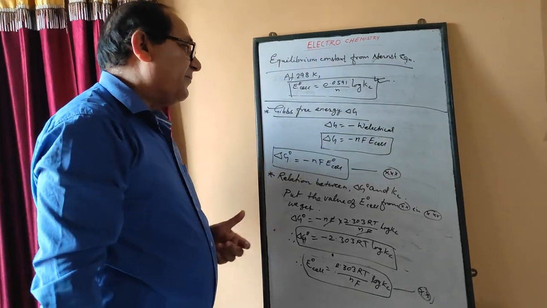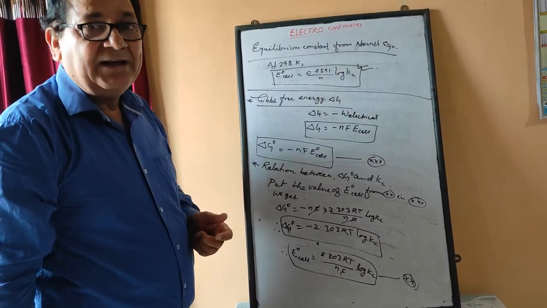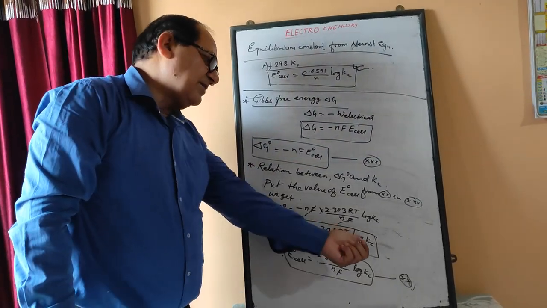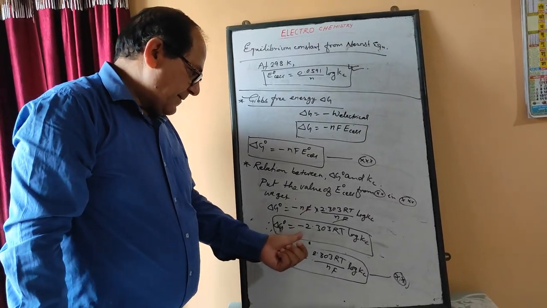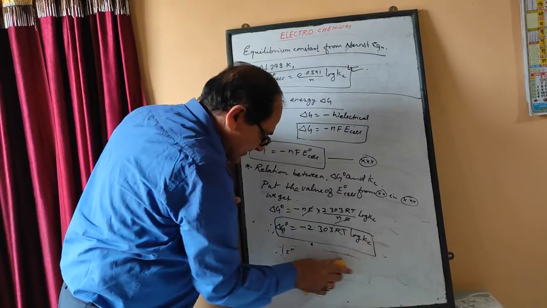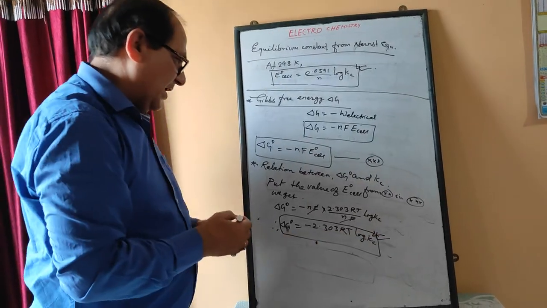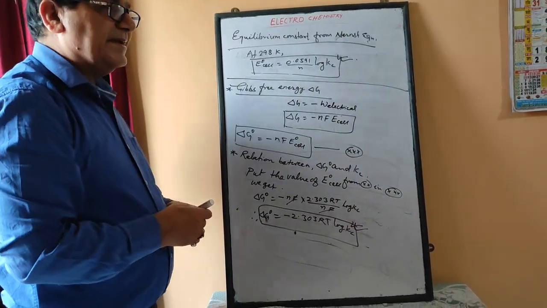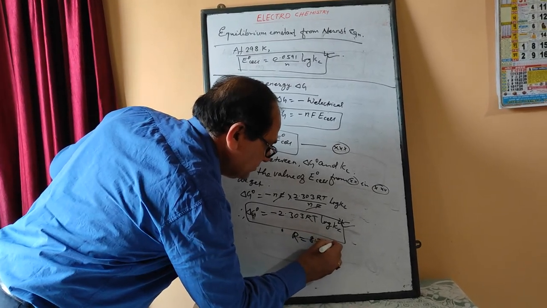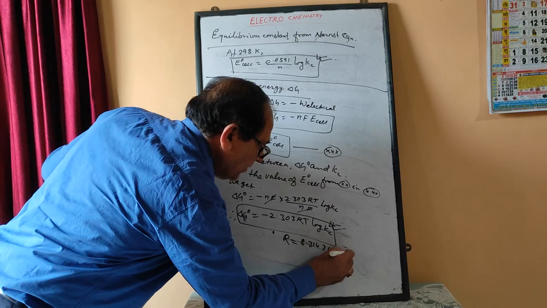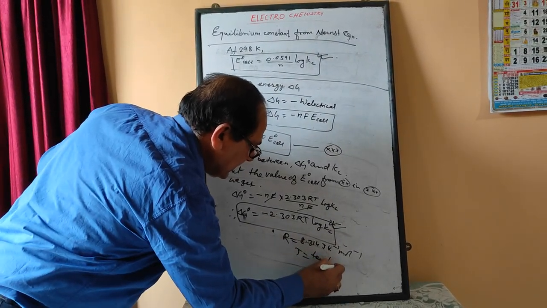And if delta G naught is given in the question, then you have to calculate the value of Kc using delta G naught is equal to minus 2.303 RT log Kc. Here R is equal to 8.314 joule per Kelvin per mole, and T is temperature in Kelvin.